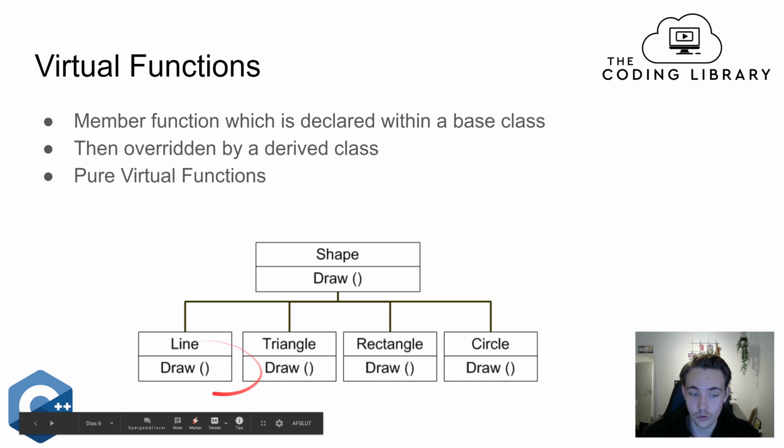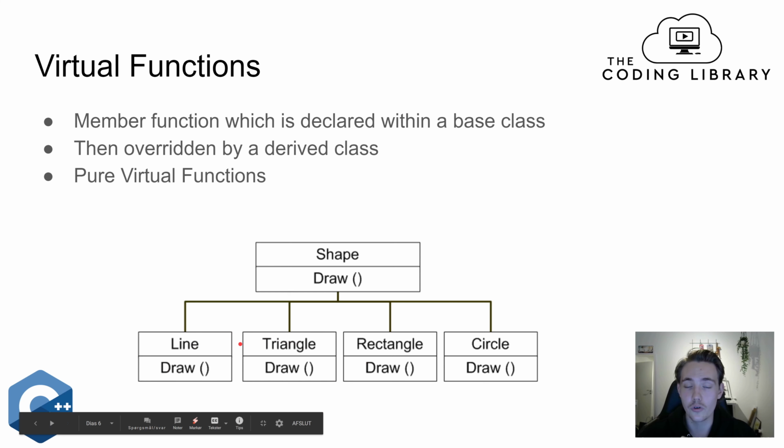So for example, if we want to draw a line or draw a triangle, then we can override this draw method declared in the base class with the function that we want. Drawing a line wouldn't be the same draw function as drawing a triangle or rectangle, for example. So we override it in each derived class here.